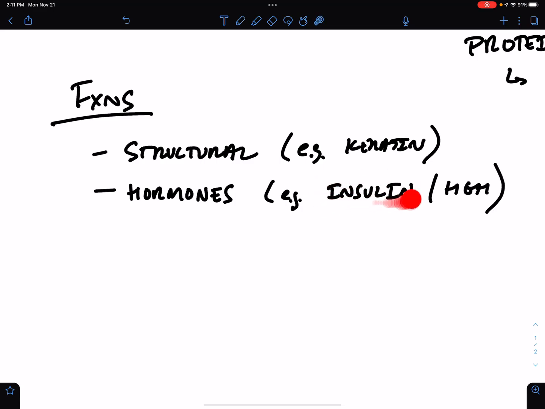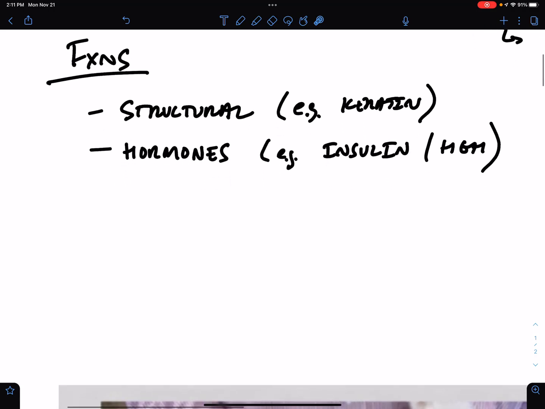Insulin is a protein that is necessary to basically take glucose from your bloodstream and move it into your cells. Human growth hormone is partially what determines the height you achieve over the course of your life. Okay, so proteins can also be hormones.